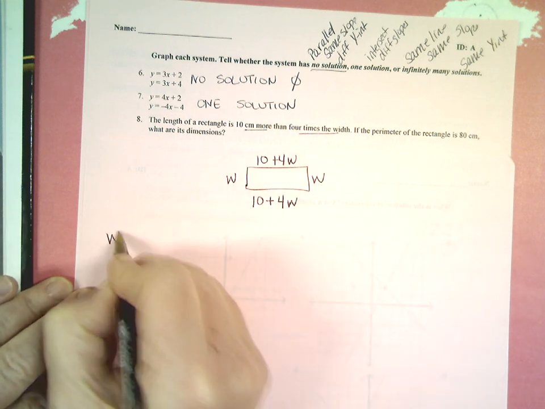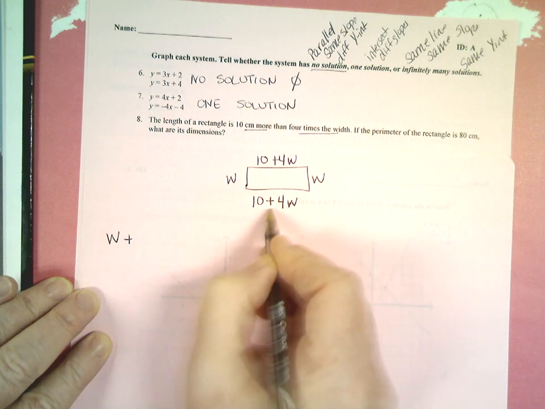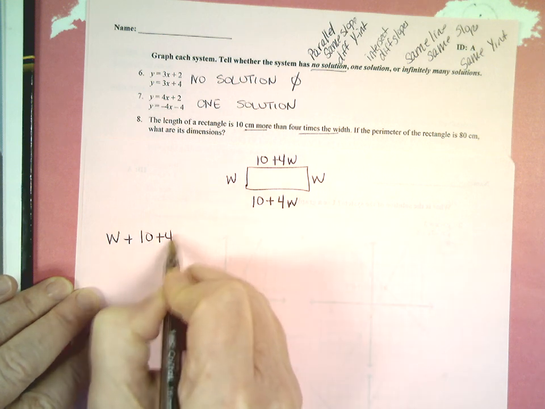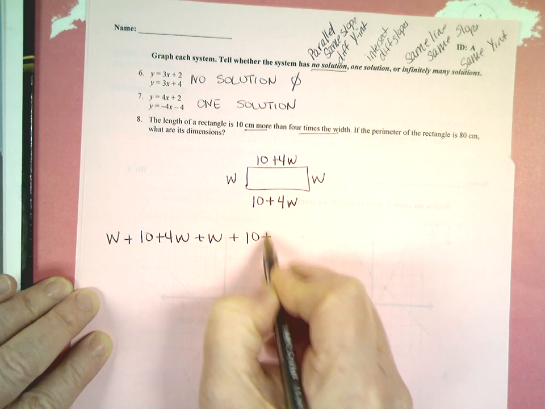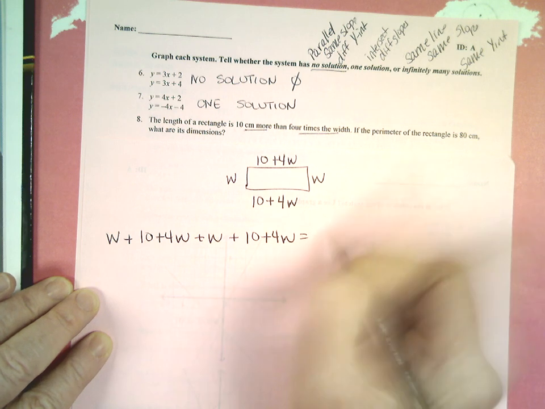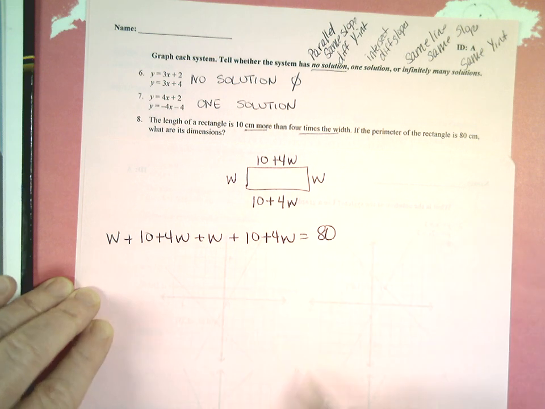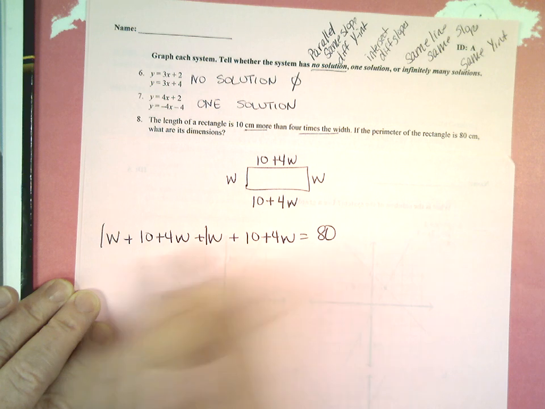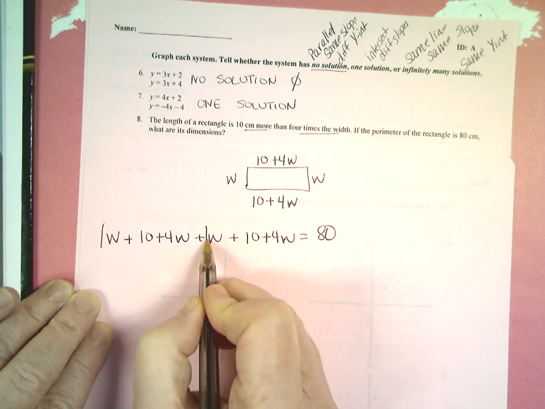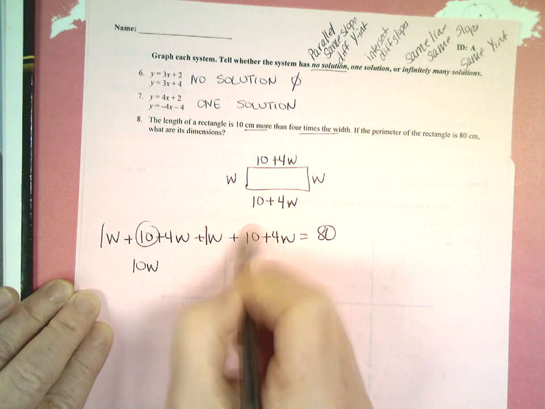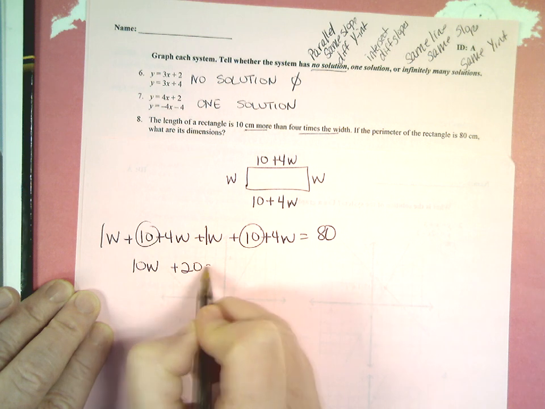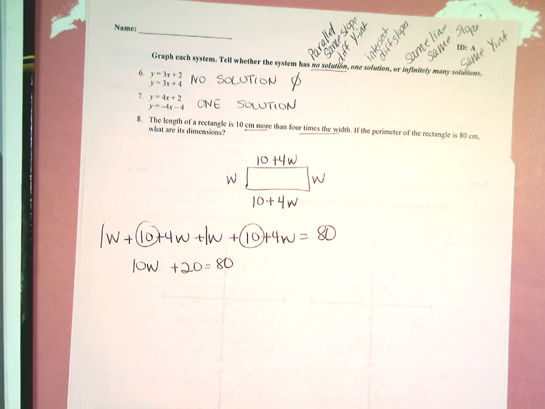So W plus 10 plus 4W plus W plus 10 plus 4W equals 80. Now I'm going to collect like terms. 1 and 4 make 5, 6, 7, 8, 9, 10. 10W plus 20 equals 80.